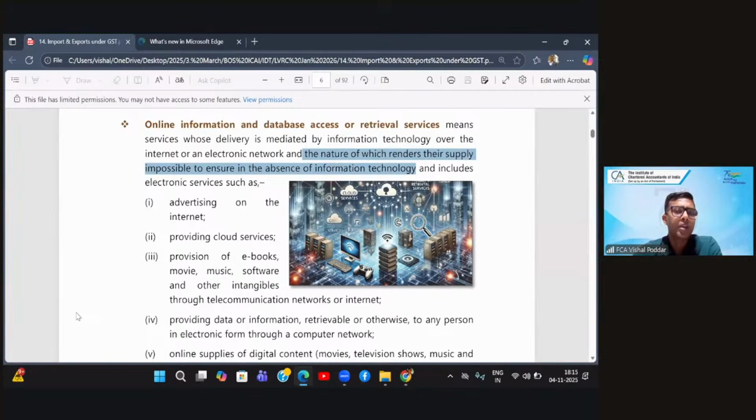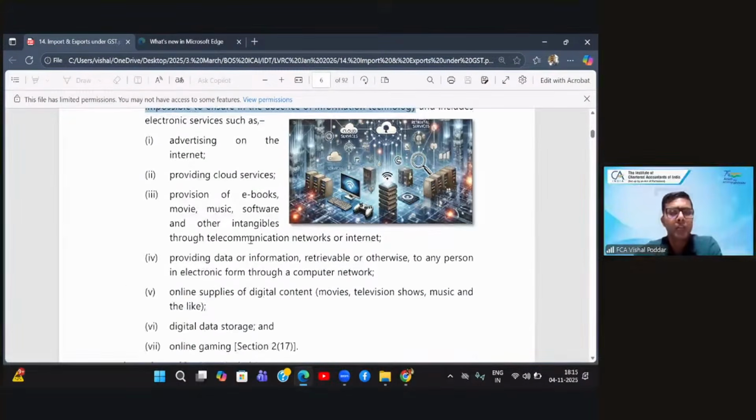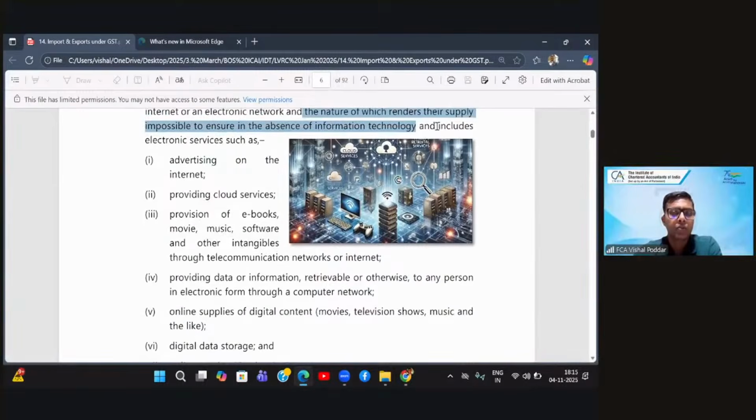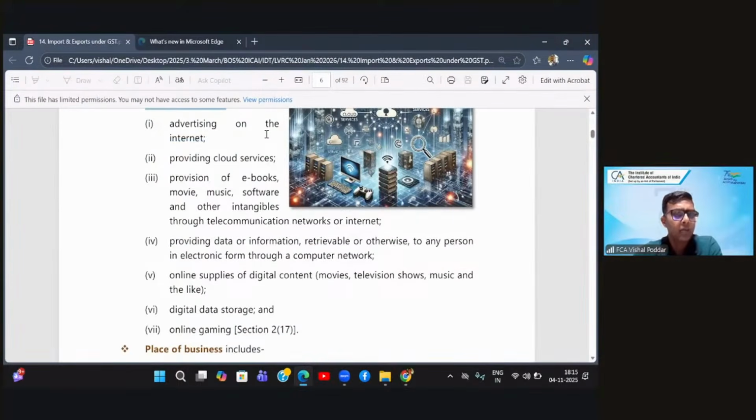The next part of this definition gives a clarificatory list as to what will be included. It is not an exhaustive list, but it gives you an idea of what we are basically referring to. So, advertisements on the internet: just apply the above two criteria. One, it is delivered using the technology platform. Yes. It is impossible without the technology. When we are specifically talking about advertisement on the internet, we are not talking about any physical advertisement or advertisement on television. This supply is impossible without information technology.